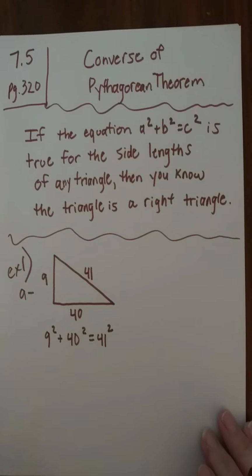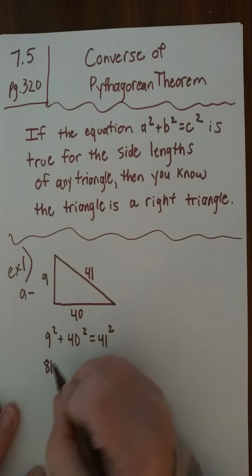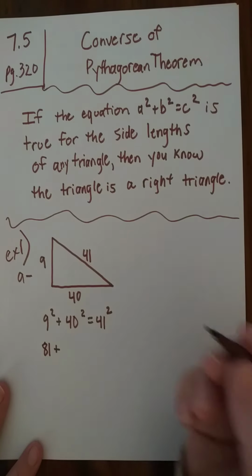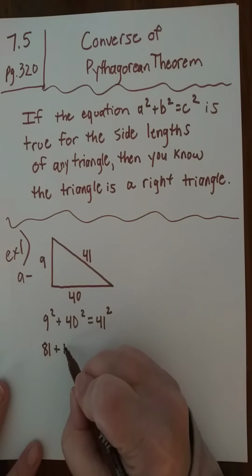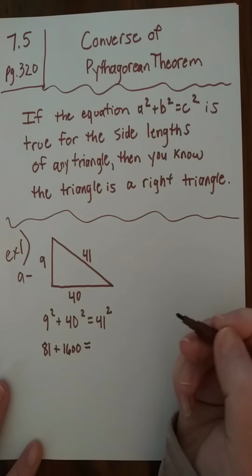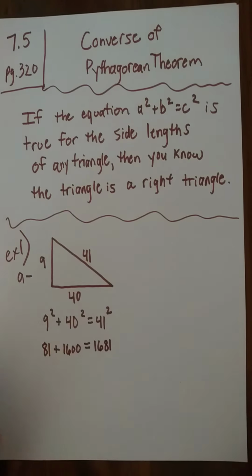Now let's simplify. 9 squared is 81. You're going to need your calculator today, so grab it. 40 squared is 1,600, and 41 squared is 1,681.